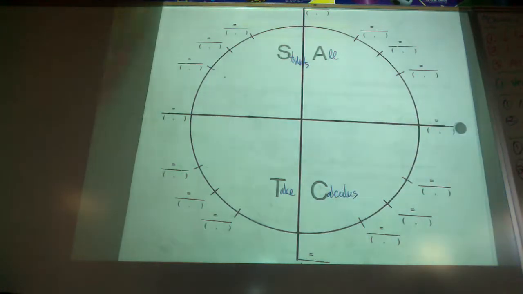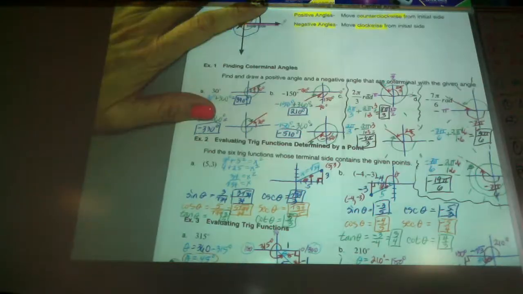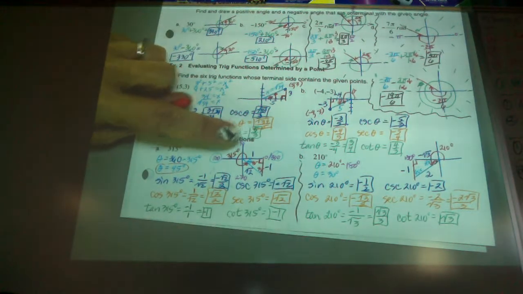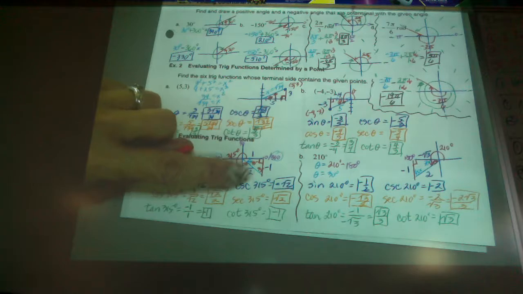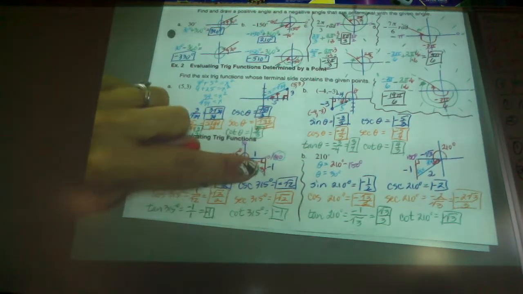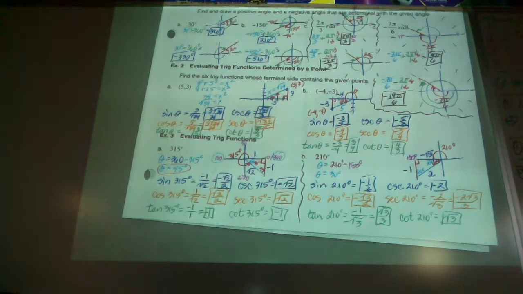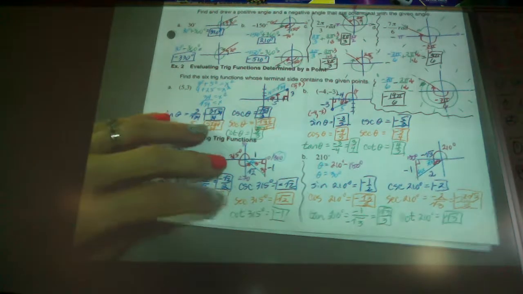So as I'm doing problems like this on this other side, as I finish my problems, I'm going to look at my answers and go, okay, quadrant 1, all should be positive, yes, all should not be positive. Quadrant 4, all students take calculus, cosine. Only cosine is the one that should be positive, and sure enough, everything else is negative. So you can kind of check your signs that way, because it'd be a shame to get half credit because your signs are off. So that's one thing that you're going to use to check that.